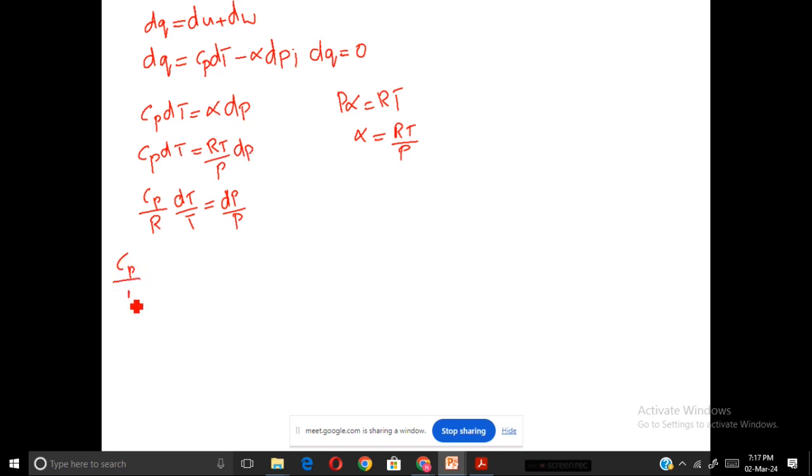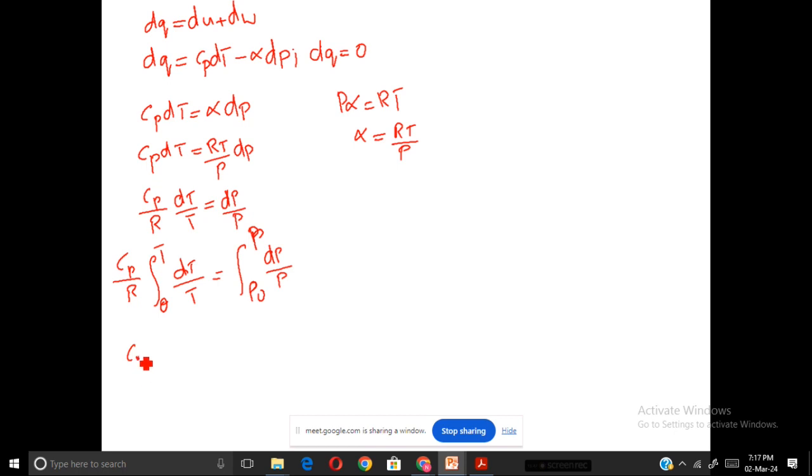Now we are integrating from theta to T on the left, and from P0 to P on the right, of dP by P. Theta is the potential temperature, the temperature corresponding to the reference level P0, and T and P are the initial temperature and pressure.